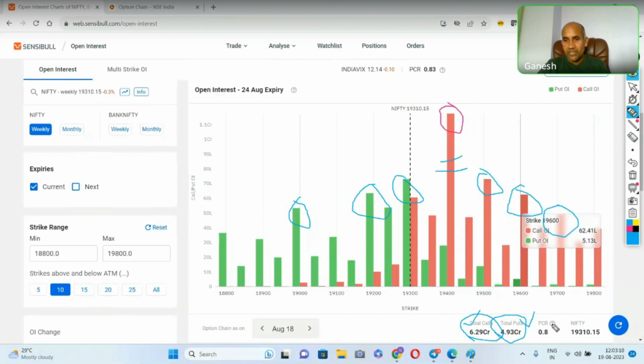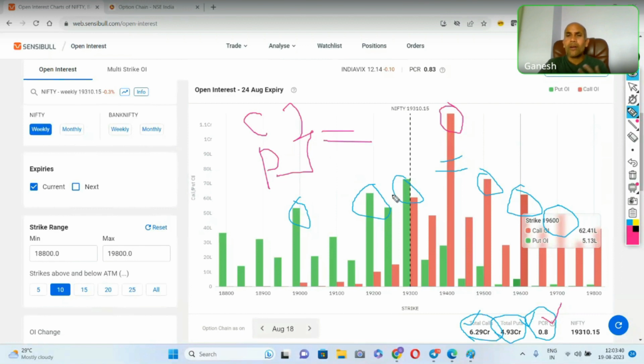Now another point is PCR. This is why I put in the subtopic PCR. What is PCR? Put call ratio. What is the put call ratio? 0.8, close to 1, right? What does it mean? The number of calls and puts sold are mostly equal, not exactly equal.